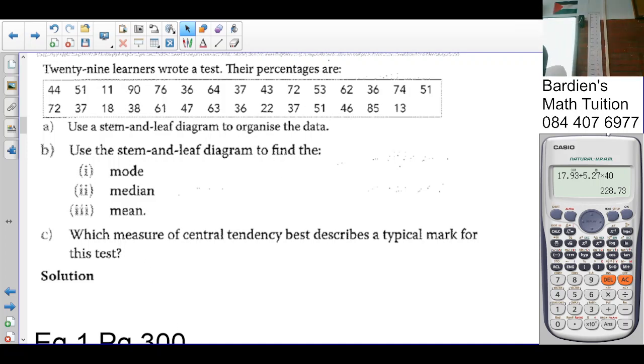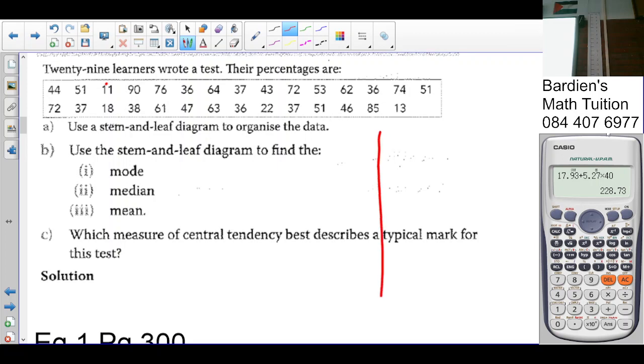So when we start, we see the lowest value is 11, the highest value is 99.